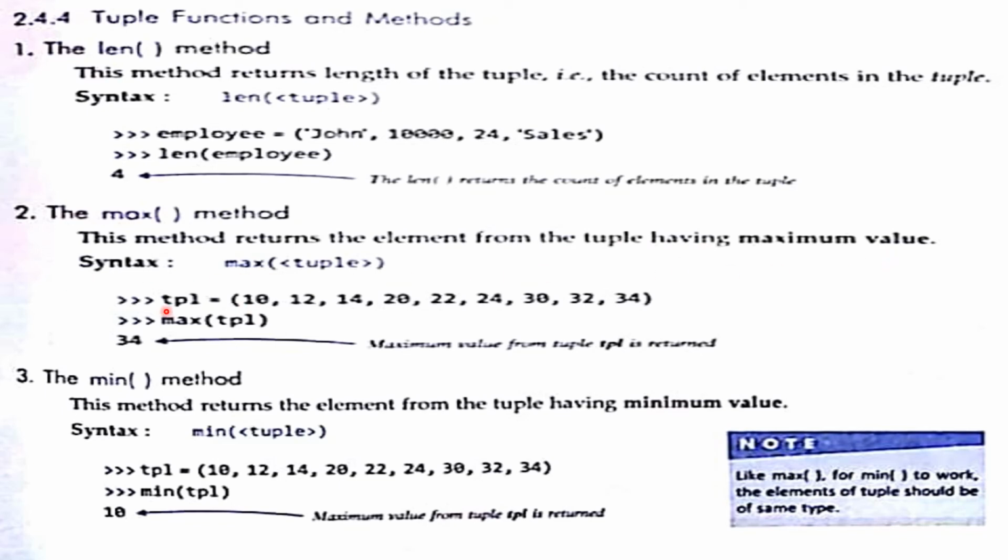As we have seen earlier, the maximum function will tell you the biggest value in the given list or tuple. In the same way, the minimum method will give you the least value, the smallest element given in the tuple.